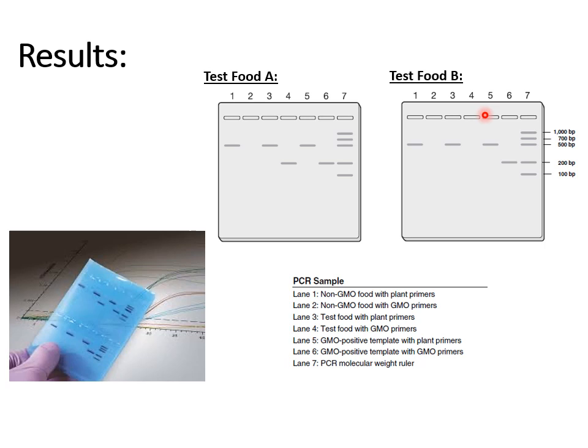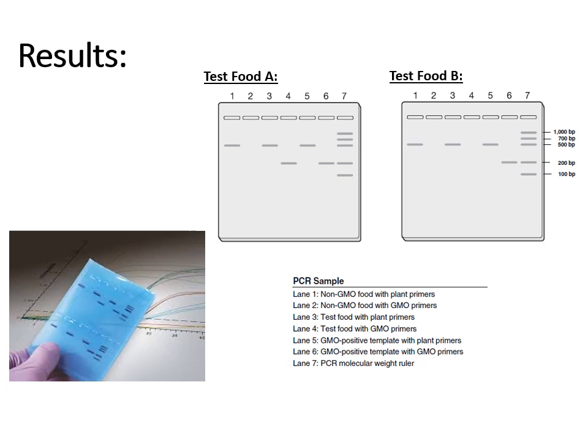So with these results, like I said before, each student would have had a different test food. For instance, some students would test chips, some might test oatmeal or food products like that. That means each student gets their own gel here.